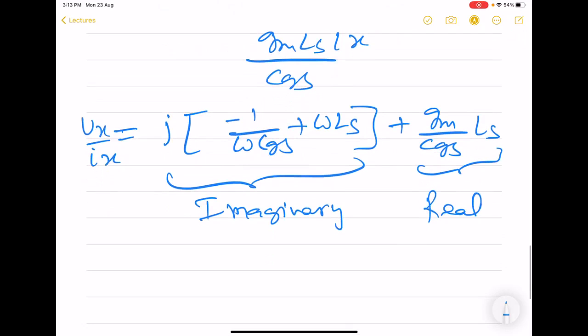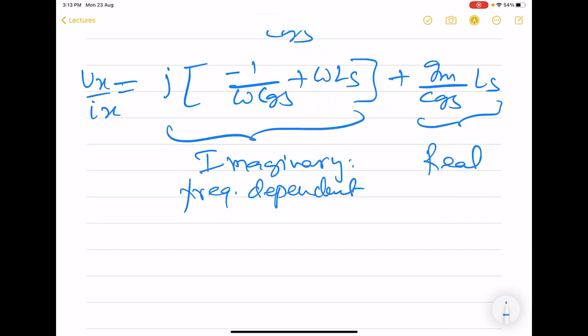So in general, this is the input impedance looking into the gate of inductively degenerated LNA. And this imaginary part is frequency dependent. And one of them is positive, other is negative, so they can cancel out each other.